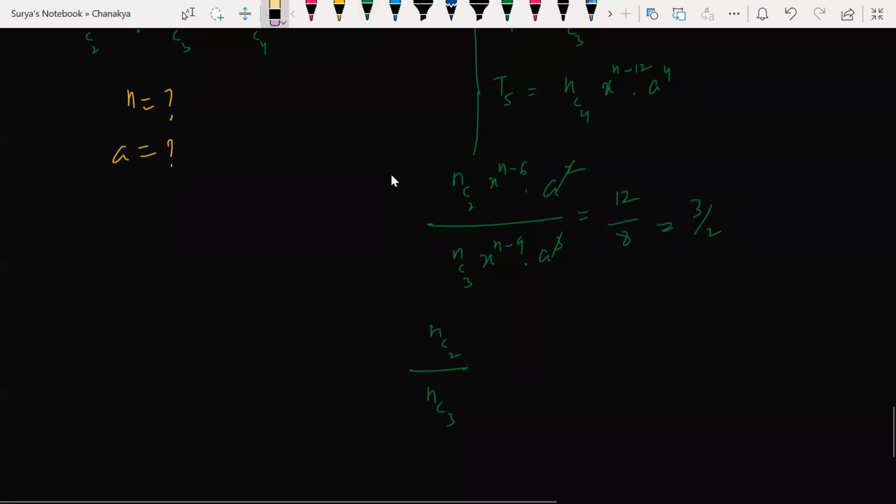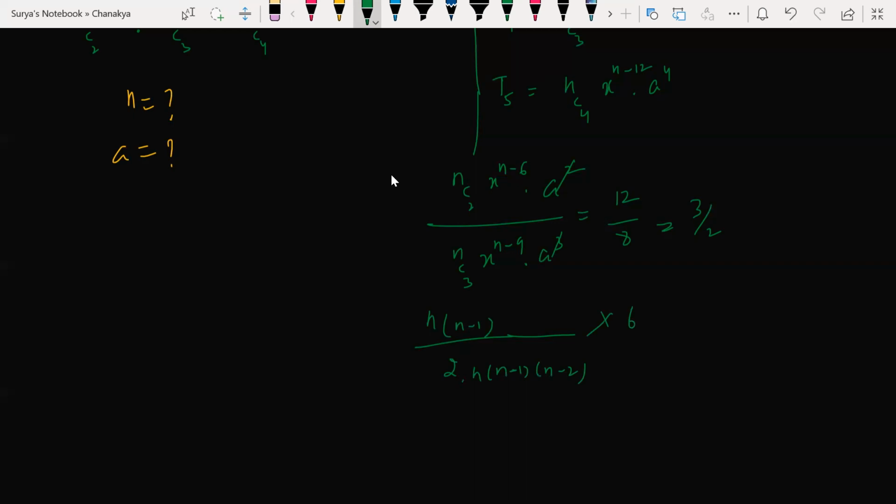So we will be writing directly this as what? NC2 is nothing but n into n minus 1 by 2 factorial, whole divided by n into n minus 1 into n minus 2 whole divided by 3 factorial. So let me write directly, I am not writing multiple steps. That denominator will be going and multiplying with this n into n minus 1 into n minus 2 by 6, right?